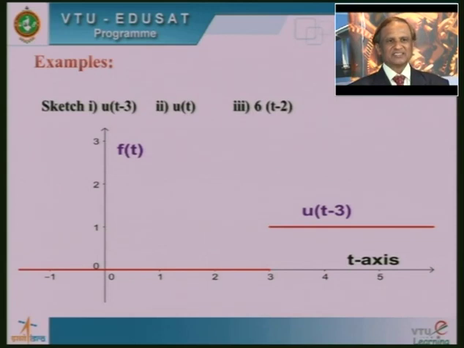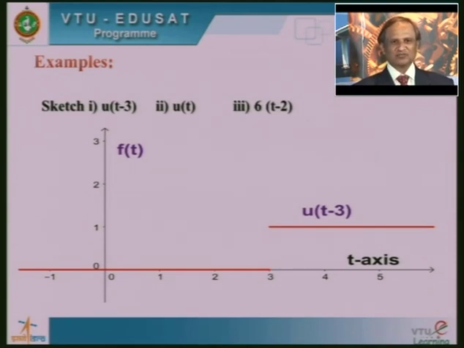For example, sketch u of t minus 3 and 6 times u of t minus 2. Now the first one, u of t minus 3. Just now I mentioned we want to shift the curve when the value of a is 3. It is as good as u of t minus a.